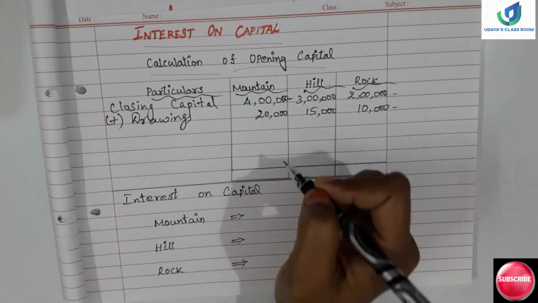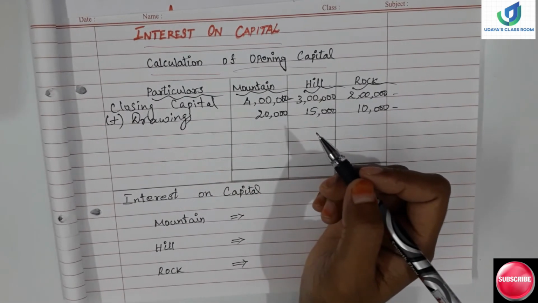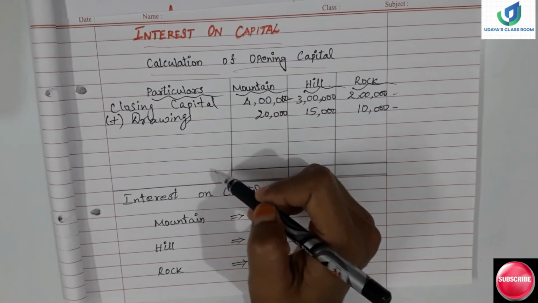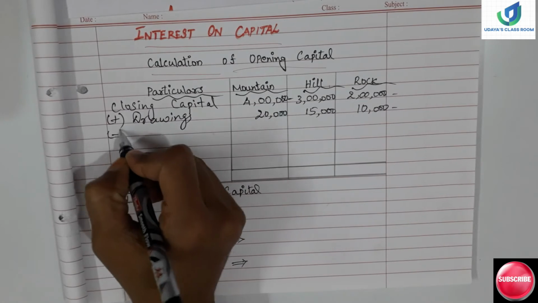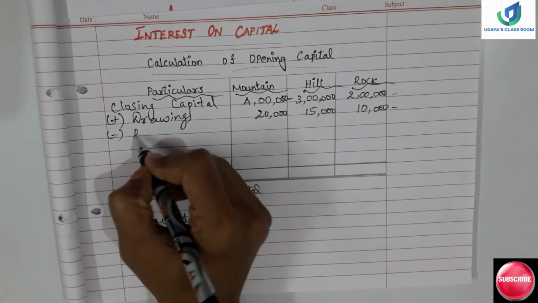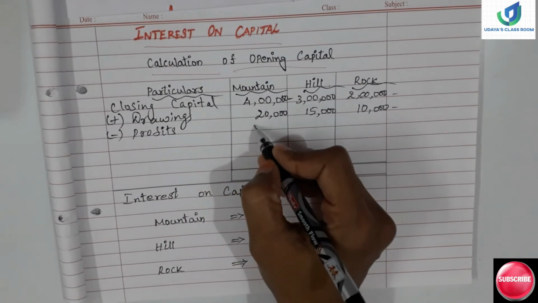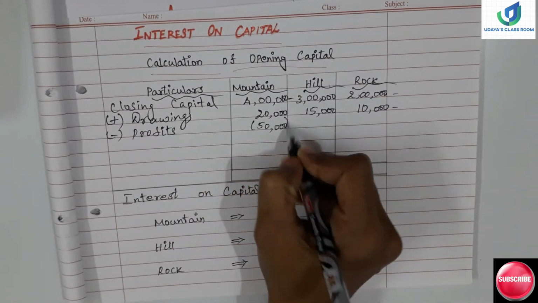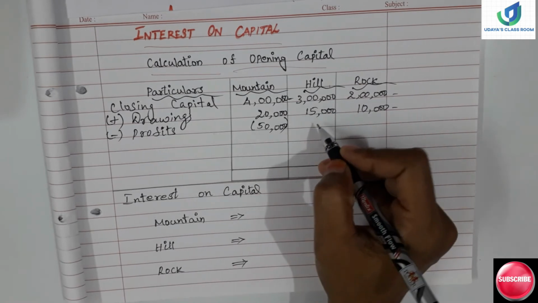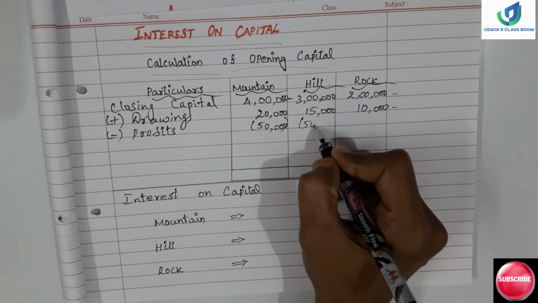Profit is usually added to the capital, but since we are working from the closing capital, we have to deduct the profit. A negative amount we can write within brackets. The 1,50,000 is shared among the partners equally.